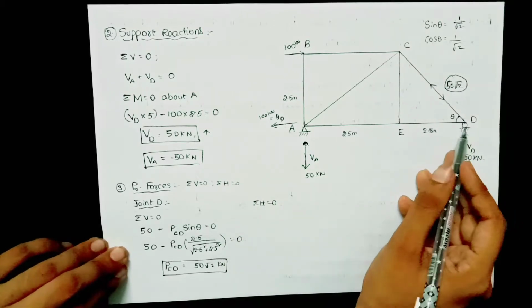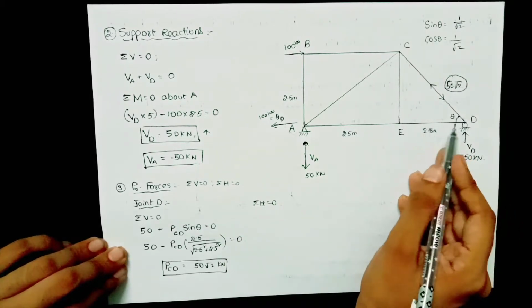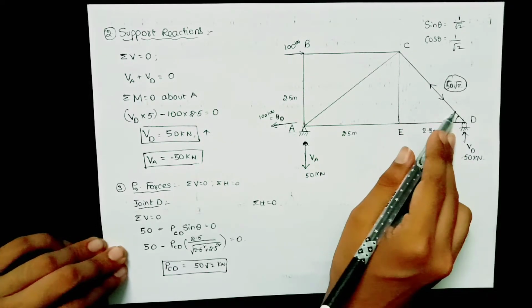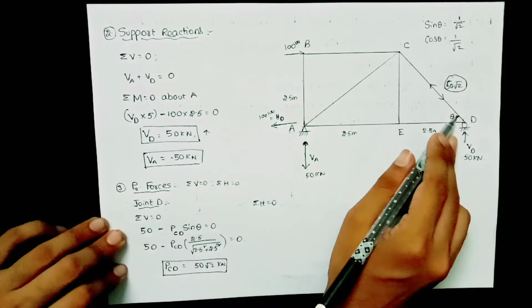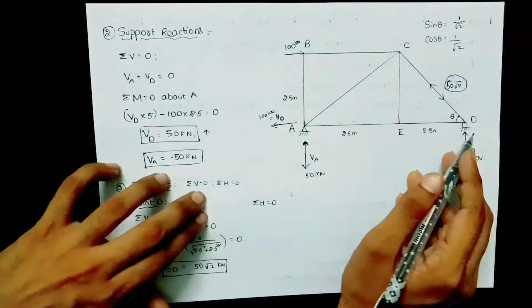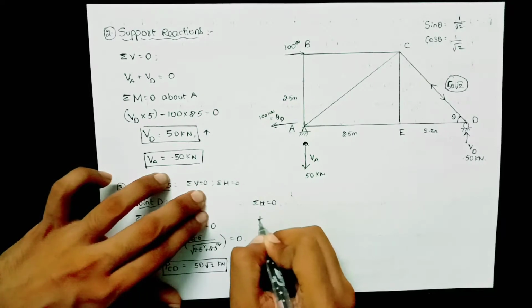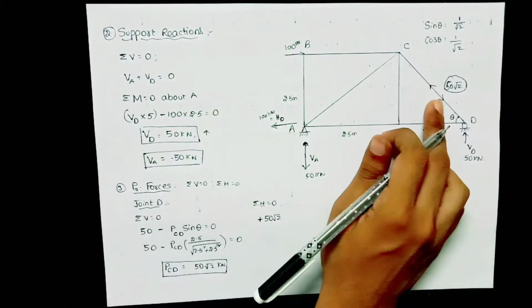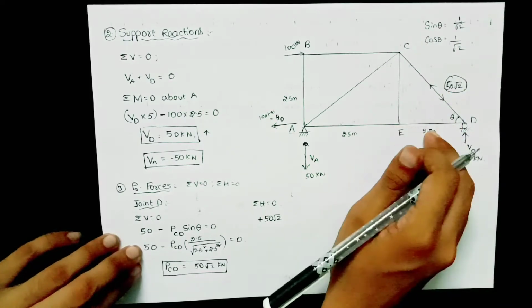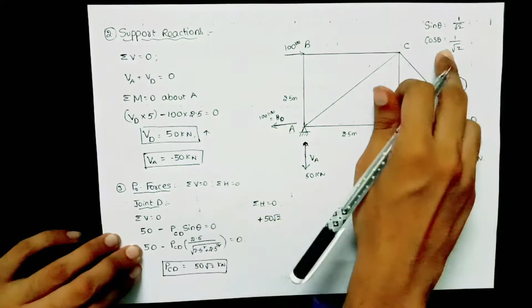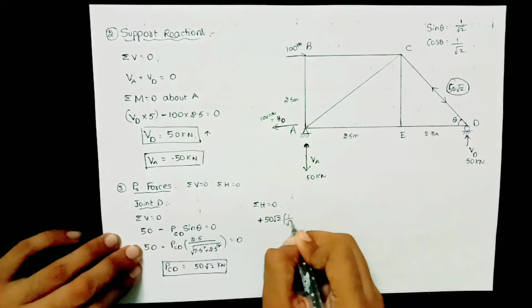If I apply sigma H, there is member DE, and I have to resolve this PCD in the horizontal direction. This arrow is moving in the right side direction, so I will get a plus value, and 50 root 2 is the magnitude of force in that member. After resolving, the horizontal component will be cos theta, which is again 1 by root 2.